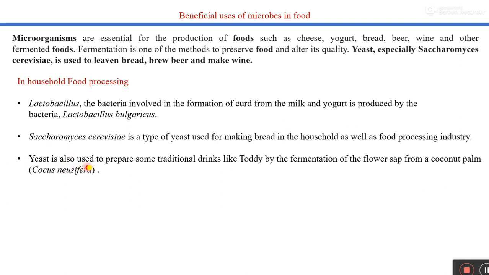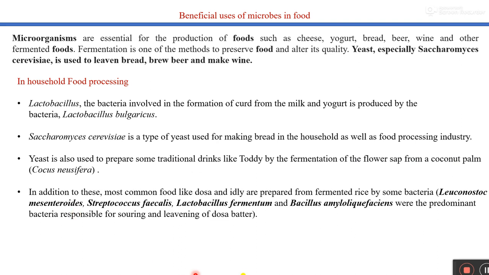Third, yeast is also used to prepare some traditional drinks like toddy by the fermentation of flower sap from coconut palm. In addition to these, common foods like dosa and idli are prepared from fermented rice by some bacteria. And what are those bacteria?